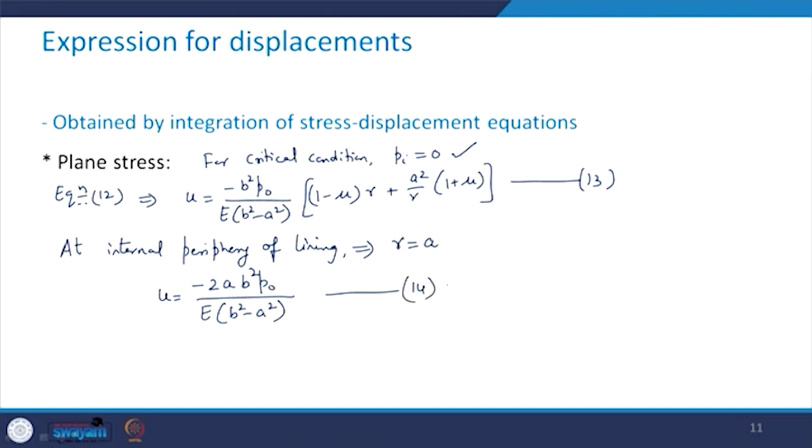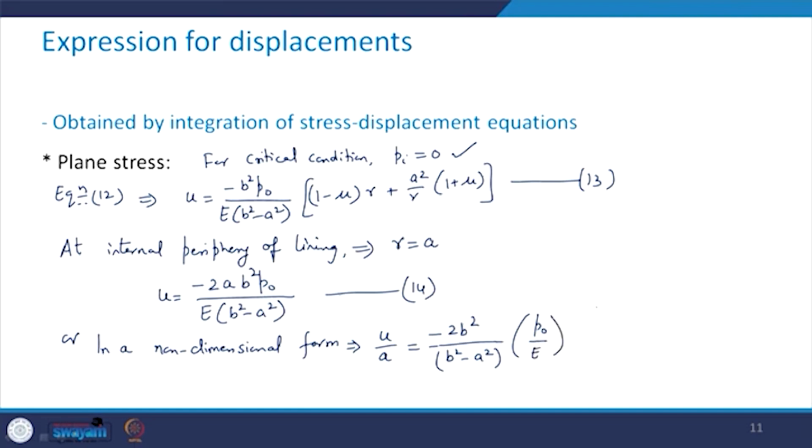Equation number 14. Or in a non-dimensional form, what we are going to get is u upon a will be equal to minus 2b square upon (b square minus a square) into p naught upon E.